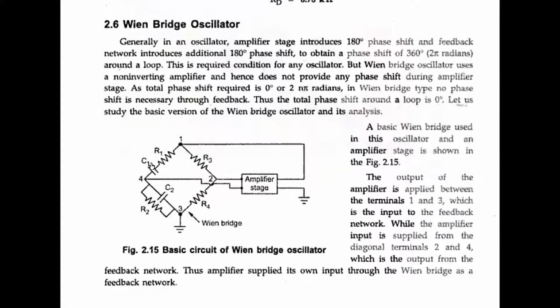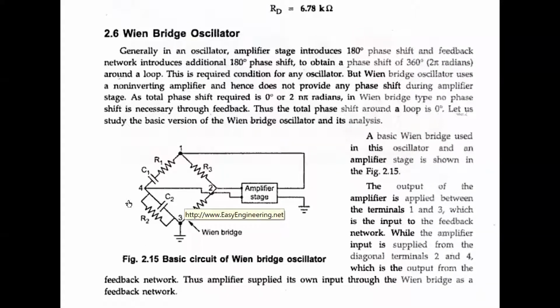Whenever the frequency changes, this impedance changes, and this impedance also changes, right? Now let us consider the case when we are increasing the frequency. When we are increasing the frequency, what happens?